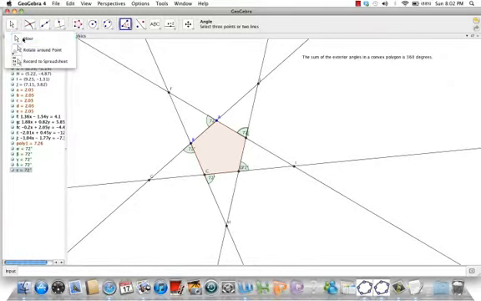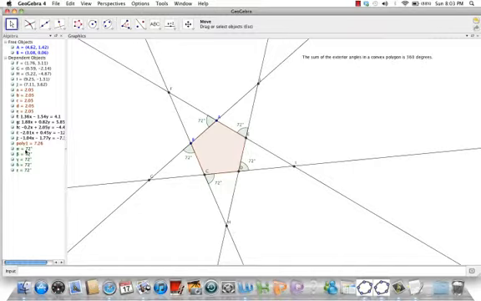So let's move the angle labels so that it's clear when we do some dragging later in our demonstration. So I need to move this right here and this one right here. So notice that if you take the sum of the exterior angles, it should equal 360 degrees. That's why I say the sum of the exterior angles in a convex polygon. In this case, it's a pentagon.